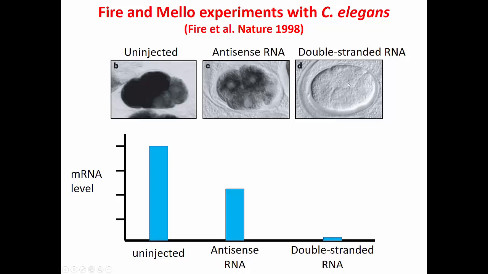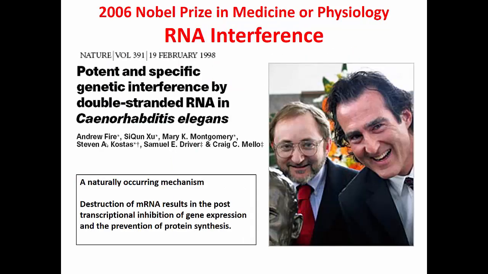It was really an undetectable level of messenger RNA of that gene. Normally, it's found at very high levels. So they were completely surprised by this, and they looked into this a little bit more, and eventually they figured out that it was actually this completely novel mechanism that cells use to inhibit genes that have a complementary sequence to double-stranded RNAs that are found in the cell.